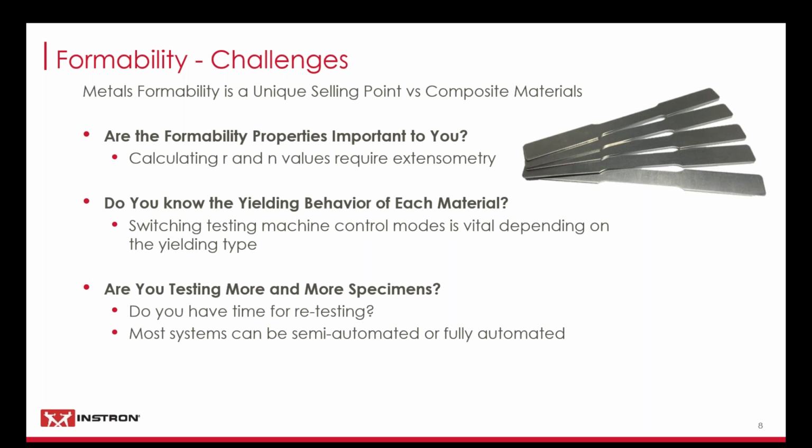And do you have time for retesting? There are a lot of ways that we can semi-automate or even fully automate systems, whether that's hydraulic grips as opposed to manual grips, more automated means of extensometry, or even full automation, as well as making changes in the software so there's less user input required.